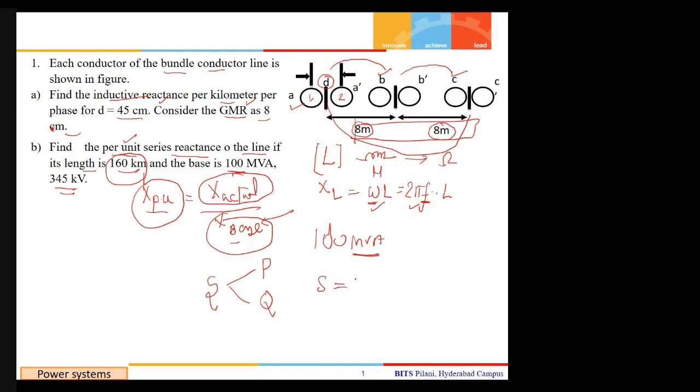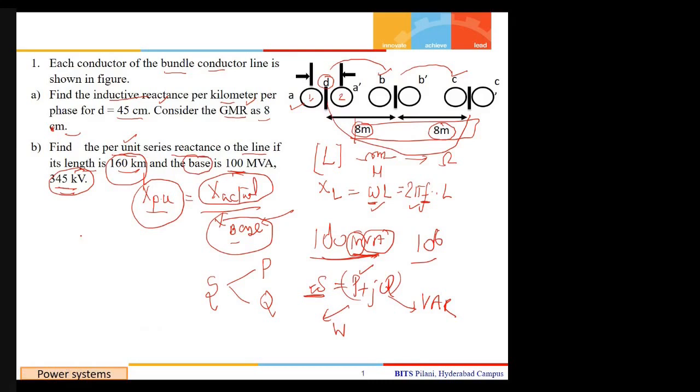So S equals P plus jQ, where P is the real power, its unit is watt. Q is the reactive power, its unit is volt ampere reactive. And the complex power unit is volt ampere, that is the product of voltage and current. Mega is a bigger unit, 10 to the power 6. So we have 100 MVA as the power. 345 kV is the line voltage of the system and the base has to be taken on that system.